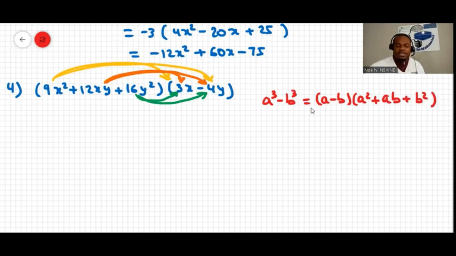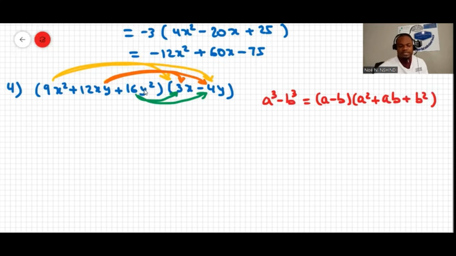This is the difference of two cubes. Those formulas are useful from left to right as well as from right to left. So when I look at this product, I'm seeing a squared is that, and then this raised to the power of 2 is that.